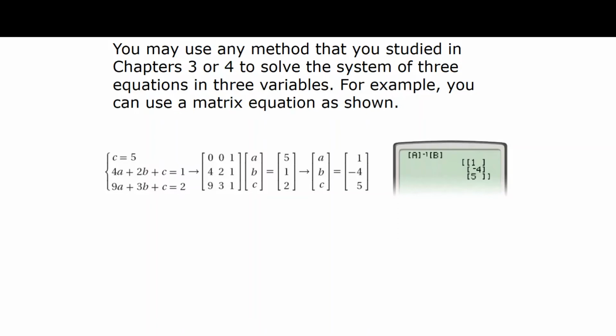For example, you can use a matrix equation as shown, or what I would do is use the RREF function that you learned. It's on your calculator, and that makes your life much easier. If you don't remember how to use the RREF, row reduced echelon form, you might want to go back and relearn that, because that'll save you lots and lots of time.